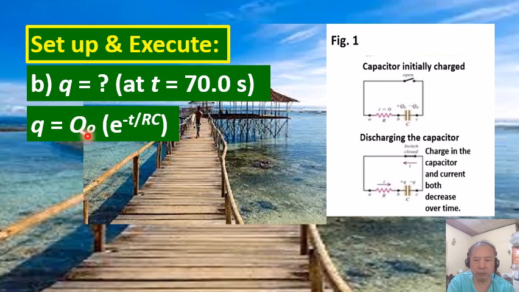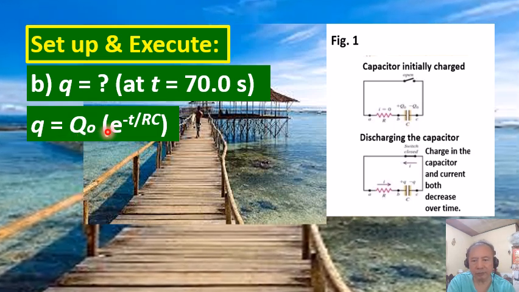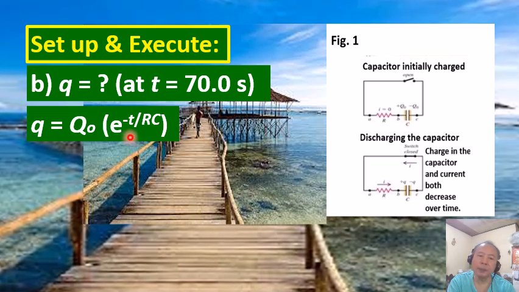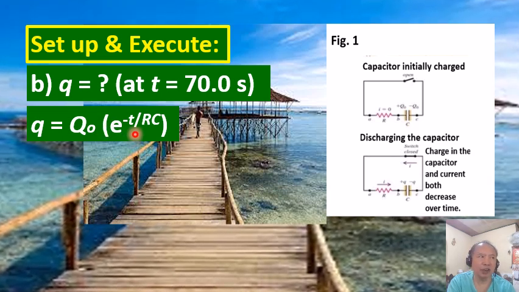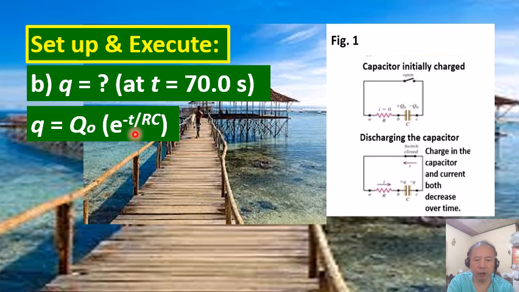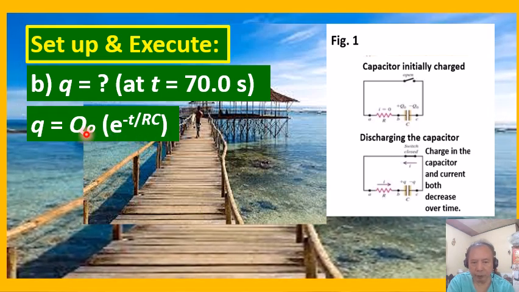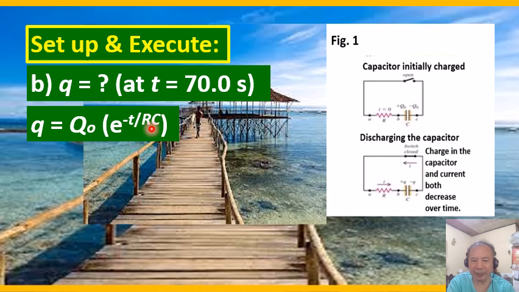Big Q naught is the original charge of the capacitor, which we were able to obtain in part A.